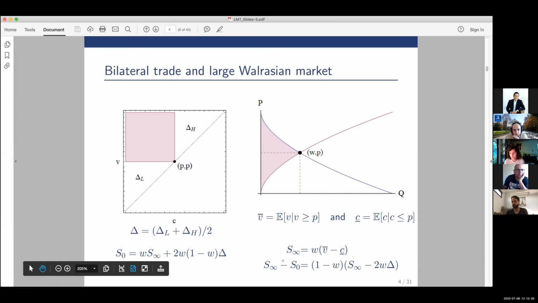This is our measure, the maximal increase in benefits from market thickness. Right? It's going from the static bilateral trade problem to the continuum or perfectly competitive market limit with a continuum of traders. And so S infinity minus S naught is how much you can possibly gain from increasing market thickness.